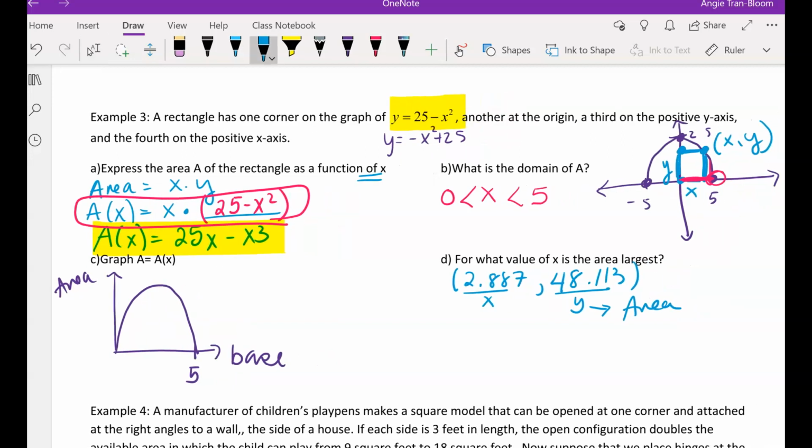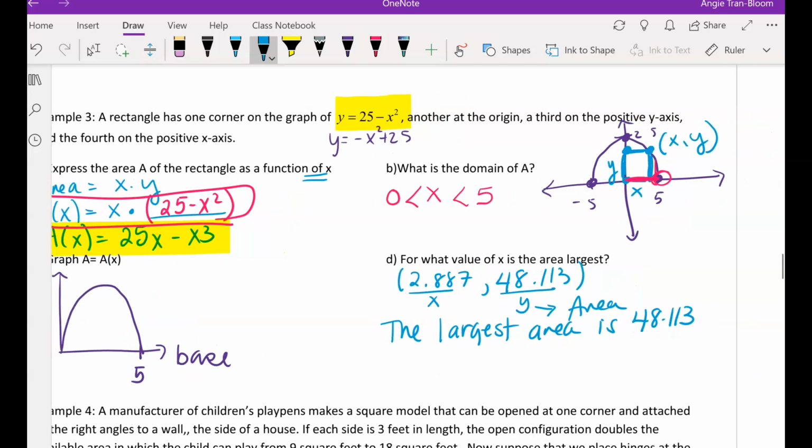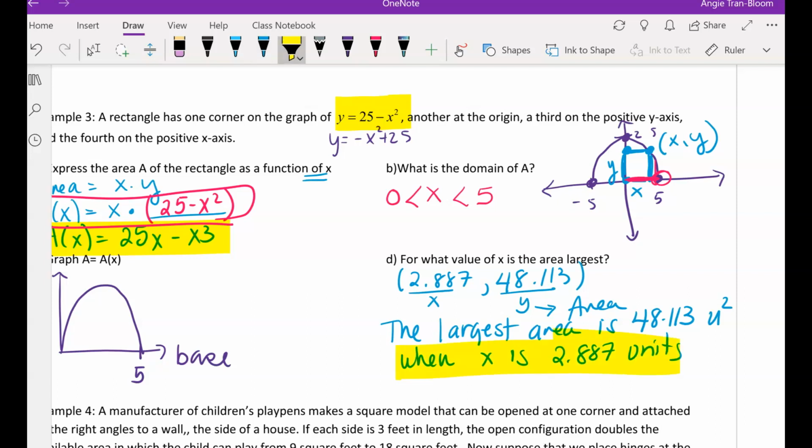We want to write the largest area, even though it didn't ask for it, but most likely I will ask on the test. The largest area is 48.113 square units, when x is 2.887 units. And box that up.